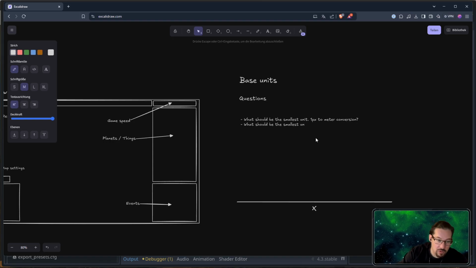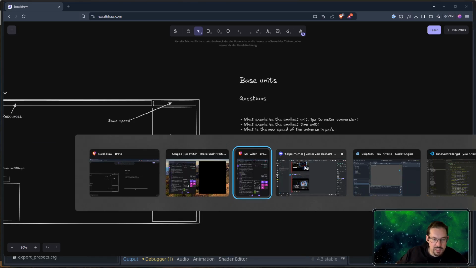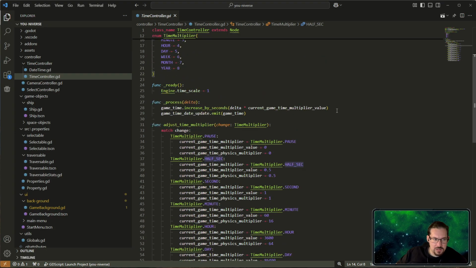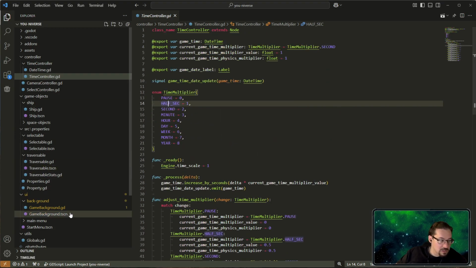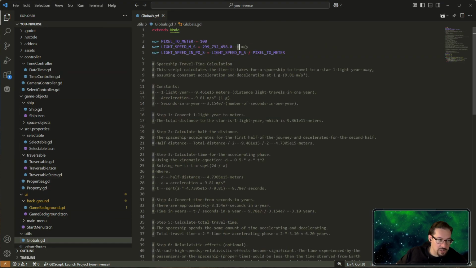What should be the smallest time? What is the max speed of the universe in pixels per second? Wait, light speed is meters per second, right? Because it's not accelerating. Just meters per second.